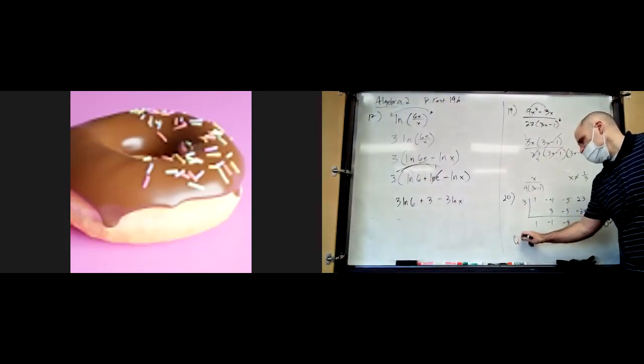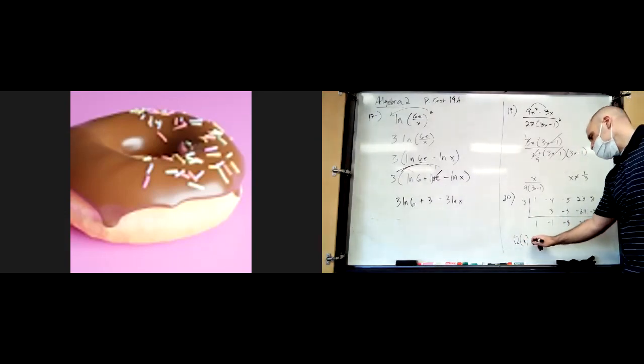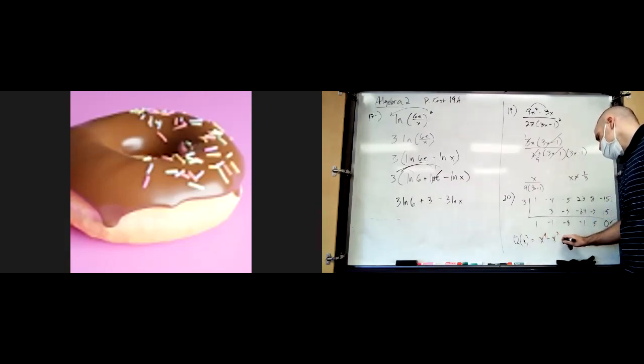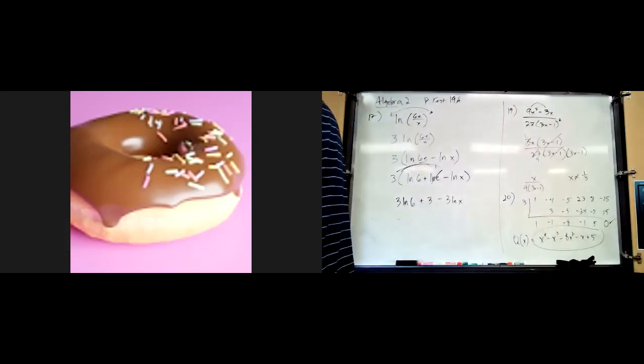These are the coefficients of your next polynomial. So it's just x to the 4th minus x cubed minus 8x squared minus x plus 5. That's what Q of x is, apparently. All right, that's it.